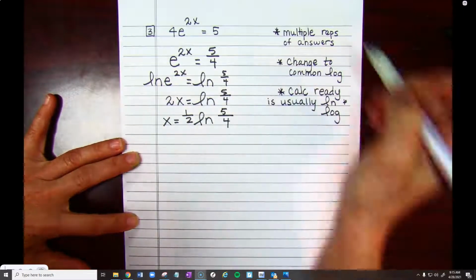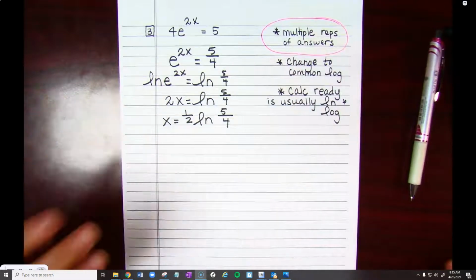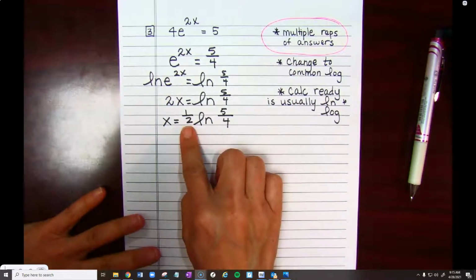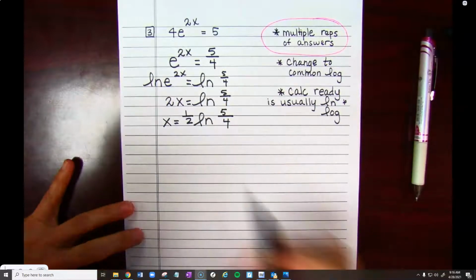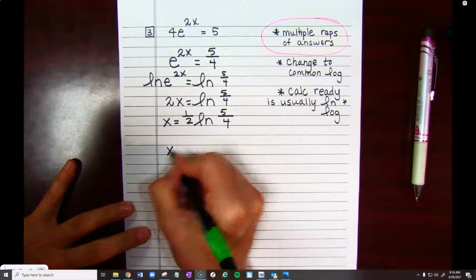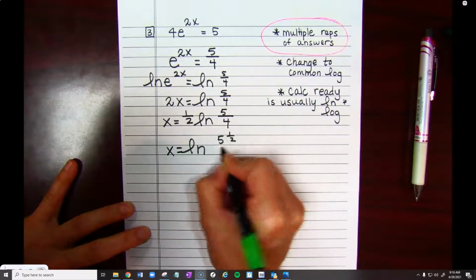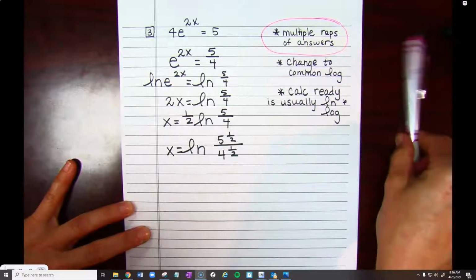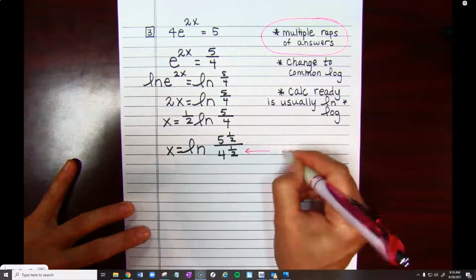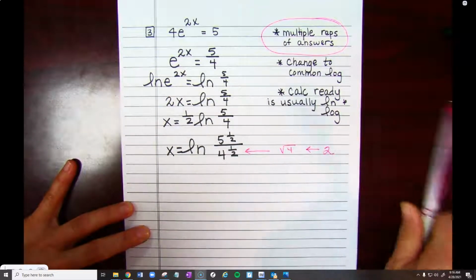All right, so here's what I mean when you have a couple of different ways to find the answer. The first thing I can do is put this back into the log. So the 1/2 I'm going to put back as a power. So x is going to equal ln of 5 to the 1/2 over 4 to the 1/2. Now I really hope you guys see that's the same as this, which simplifies to a 2.